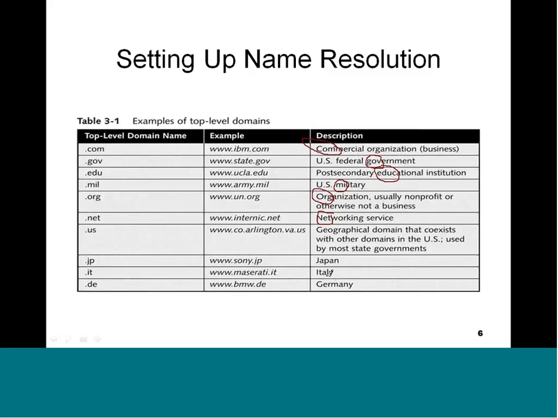Then there are country specific names. For example, JP is Japan, IT is Italy, DE stands for Deutsch or Germany, and I think you all know what IN stands for.